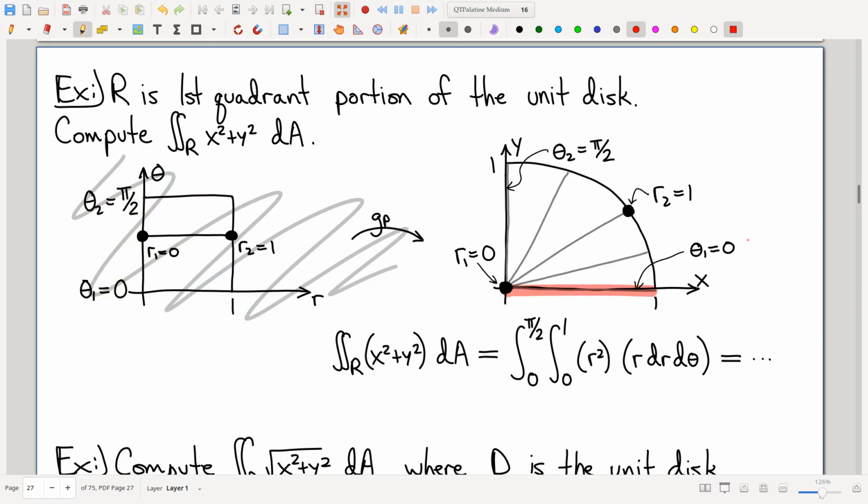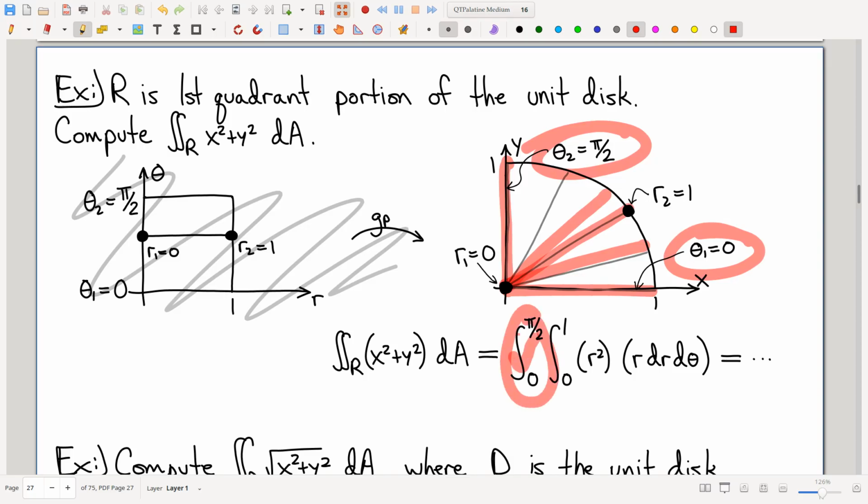There's my first slice, theta equals 0, and then keep slicing, and then here's your last slice, theta is pi over 2. And so again, you get the right bounds. We didn't even have to draw the pullback. What do you think? Is everybody buying it? Does it seem reasonable? It's really nice.